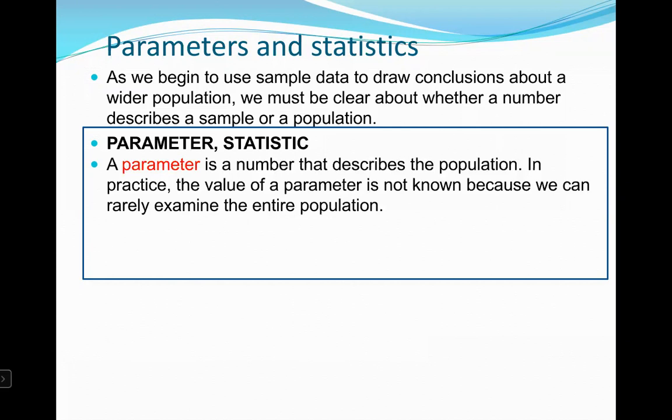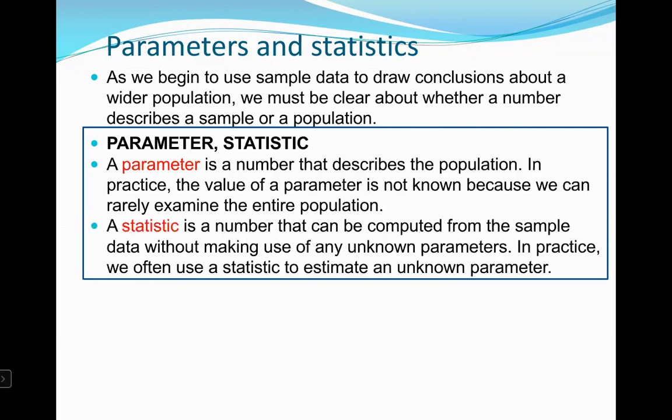In practice, the value of a parameter is not known because we can rarely examine the entire population. A statistic is a number that can be computed from a sample, from the sample data without making use of any unknown parameters. In practice, we often use statistics to estimate an unknown parameter.